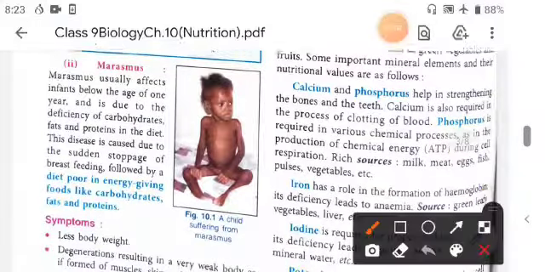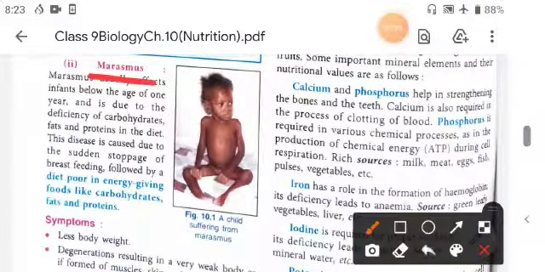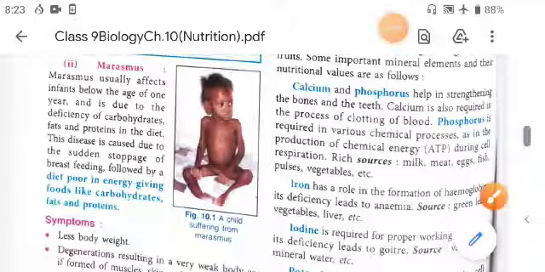Next is Marasmus. So what is Marasmus actually? Marasmus usually affects infants below the age of 1 year.